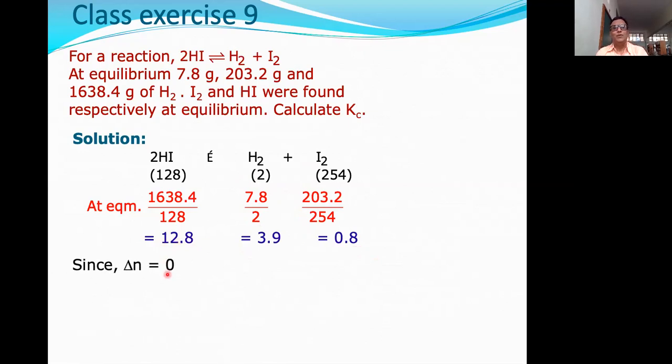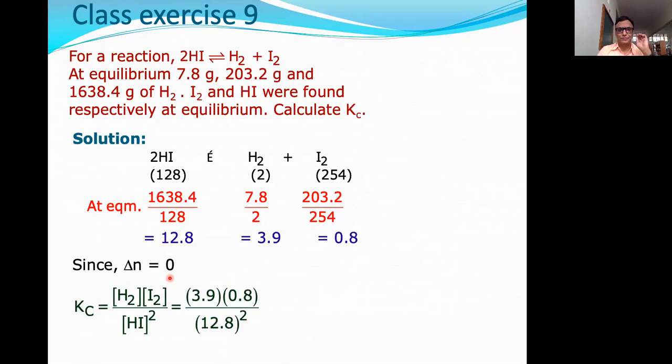As delta n for this reaction is 0, Kc is equal to concentration of H2 into concentration of I2 divided by concentration of HI squared. By substituting the values, you can write (3.9 into 0.8) divided by 12.8 squared. So you will get the answer finally as 0.019.